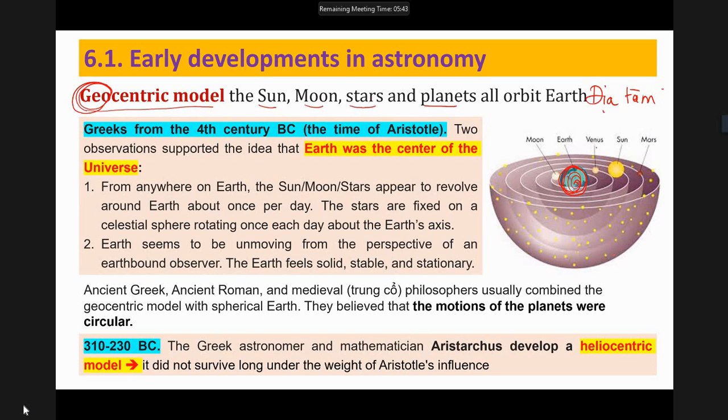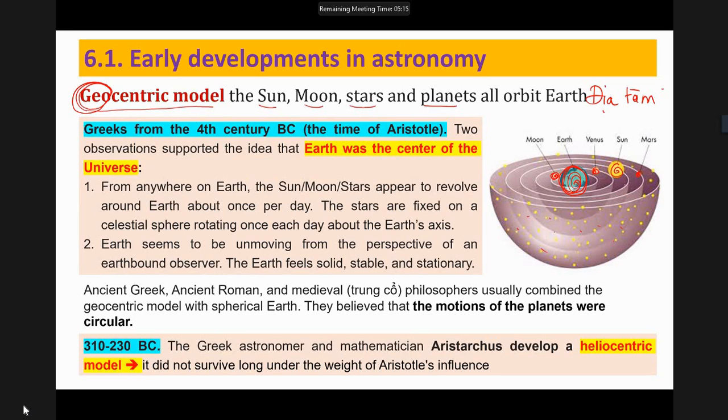You can see the closest planet around the Earth is the moon. The second is Venus, for example, then the sun and Mars and many other planets, and the stars also move around the Earth.